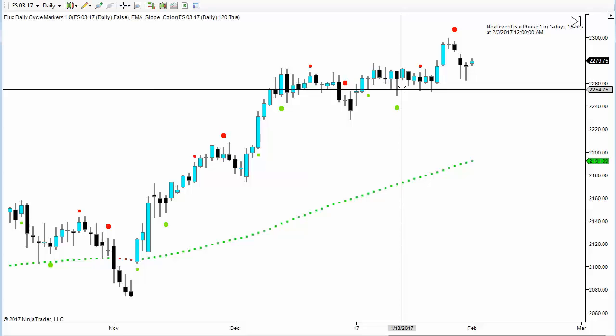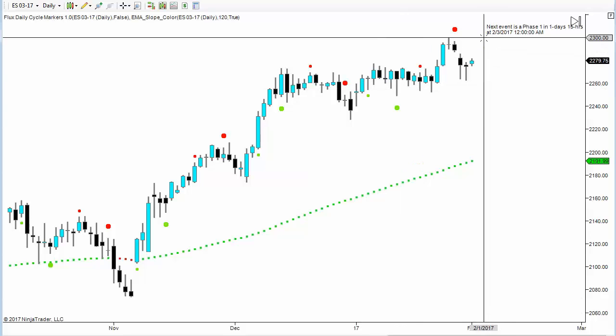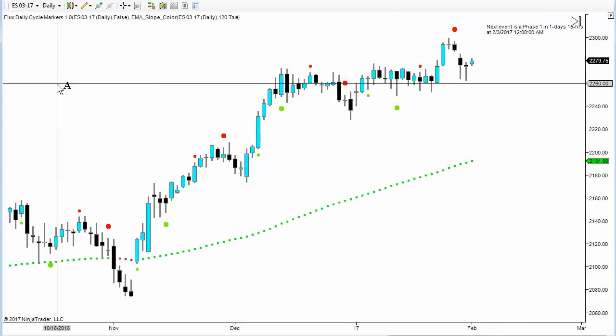And I want to walk you through how this one particular indicator has been working on a daily time frame. So we've got the Flux daily cycle marker tool here.